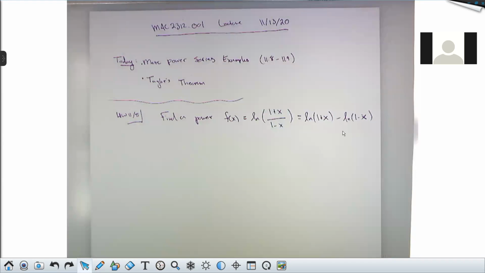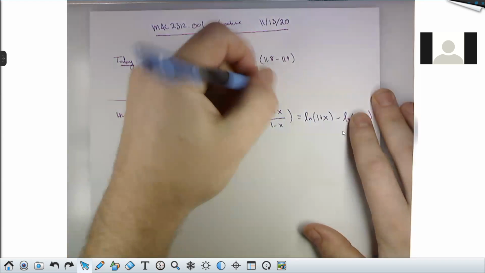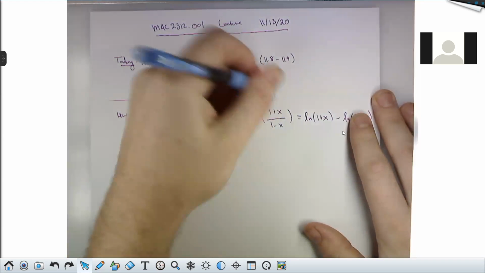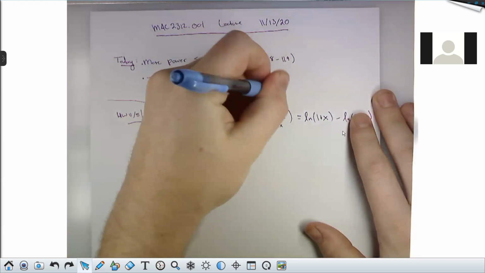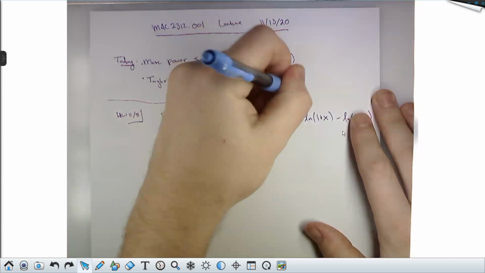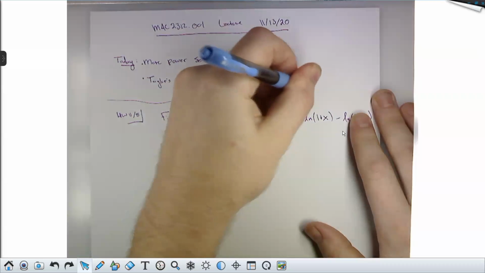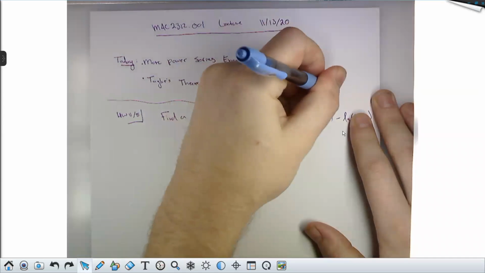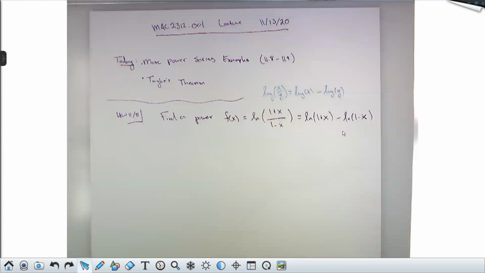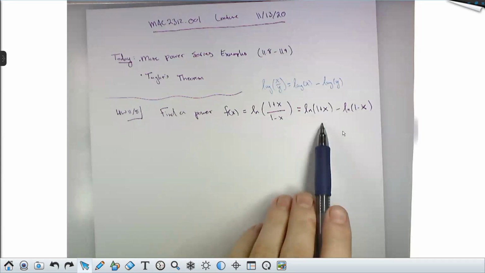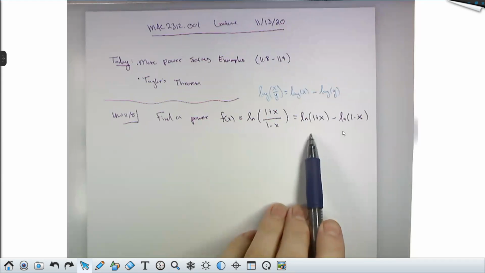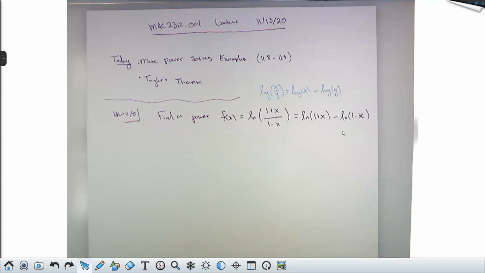Here I'm using this rule for logs, regardless of the base. I start by using this rule. This fellow I have a power series for. This fellow I know how to cook up a power series for.